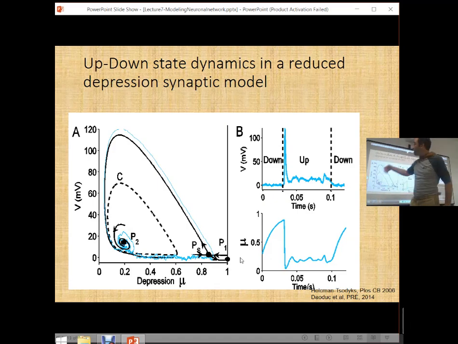If you look at the dynamics, you run your simulation and look at the voltage, and you see that you can be close to v equals 0. You have a population spike that leads to dynamics where you are in a depolarized state.